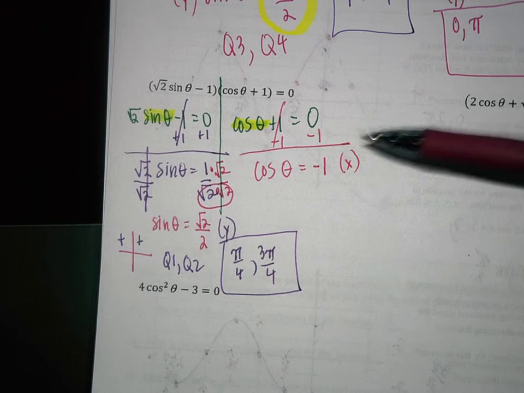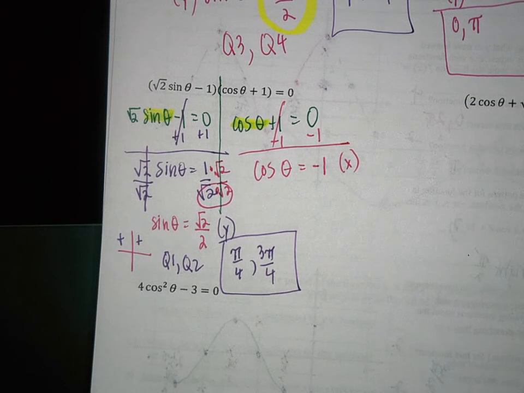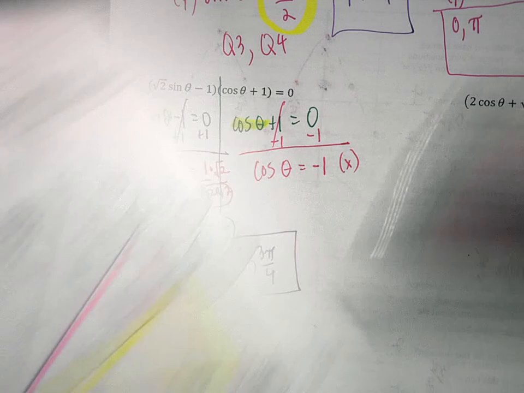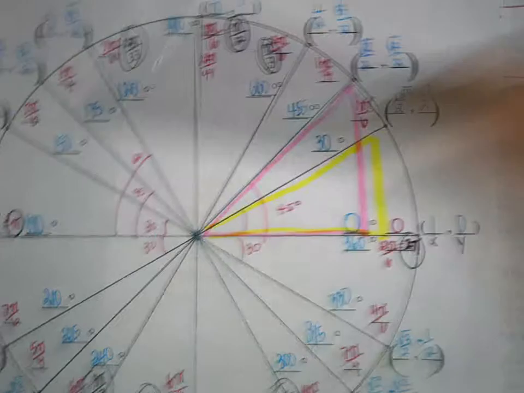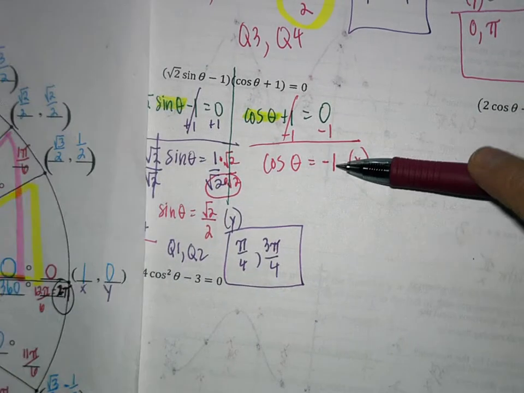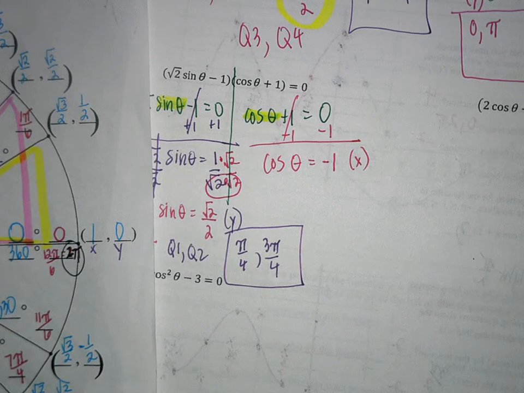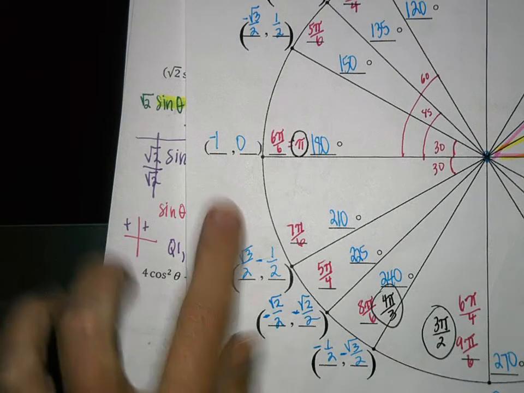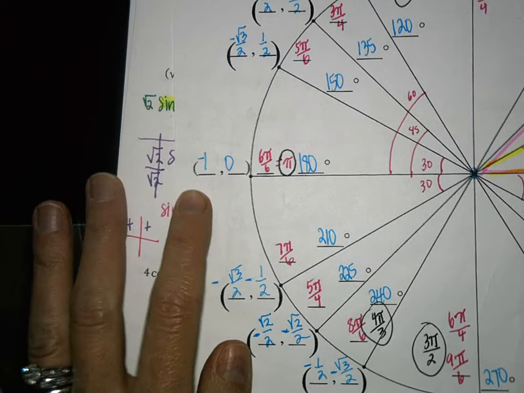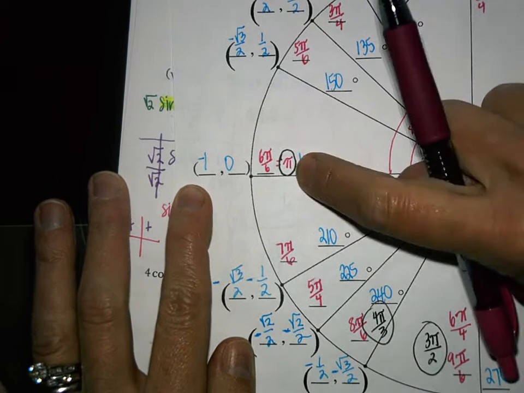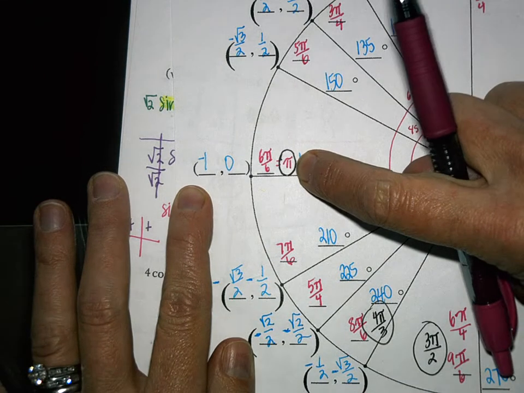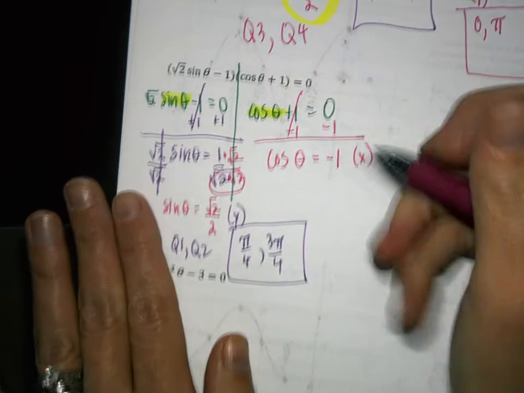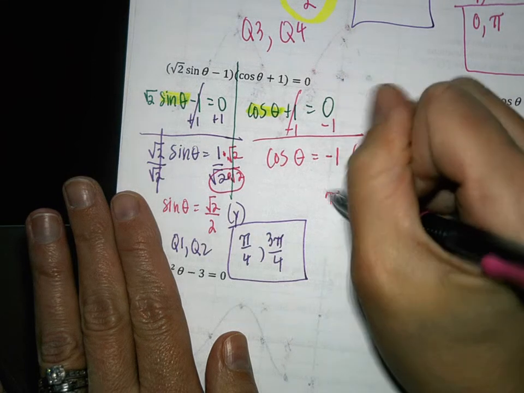When we're dealing with negative ones and positive ones or 0 with sine and cosine, those are going to be at our quadrantals. So where is x -1? If you look on there, the only place where x is -1 is at the 180 mark, and in terms of radians, that's at pi. So the answer for this one is pi.